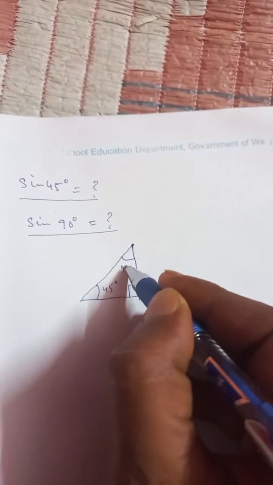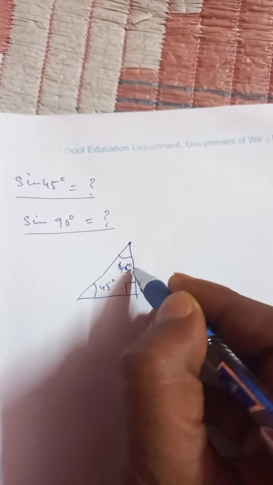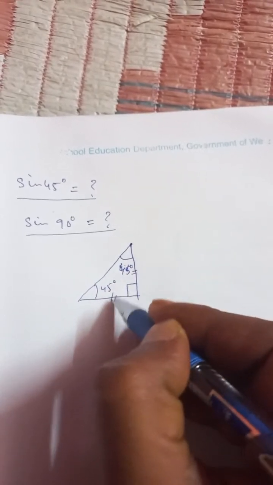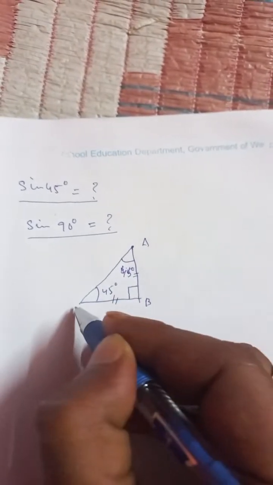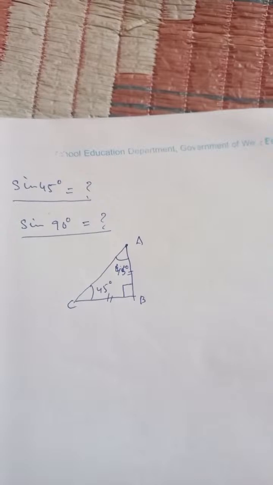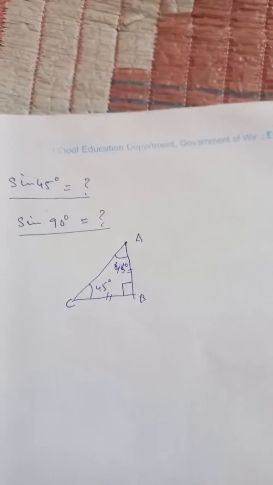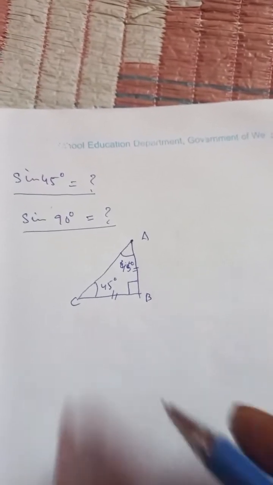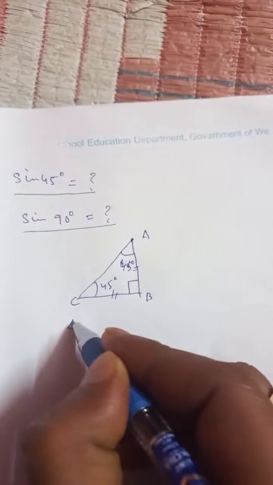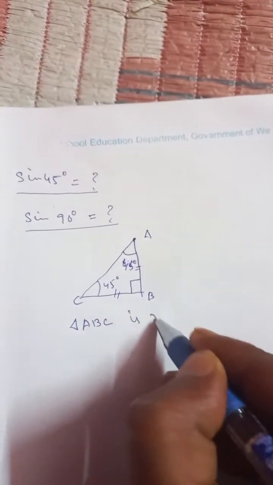It means these two sides are equal. These are A, B, C. So AB is equal to AC. Triangle ABC is a right triangle.